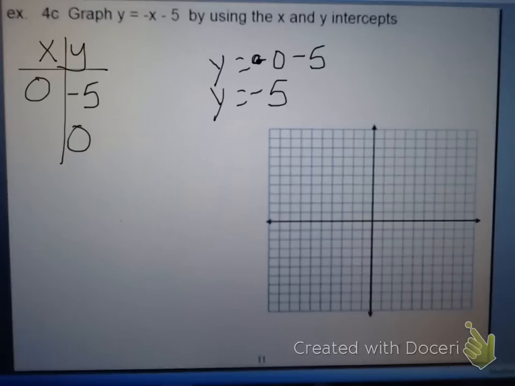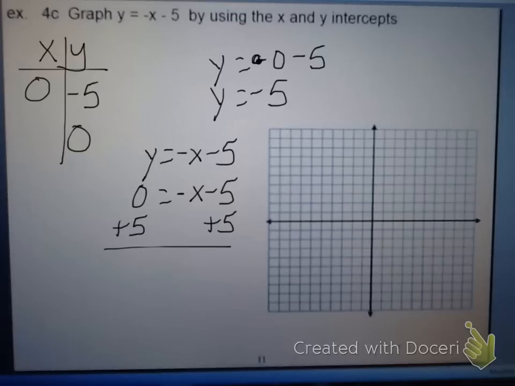And then plug in 0. So y is equal to, we're going to plug in 0 for y. So that 0 is equal to negative x minus 5. You can do one of two things. We can add 5 to get x by itself. So that's 5 is equal to negative x, which divide everything by negative 1.